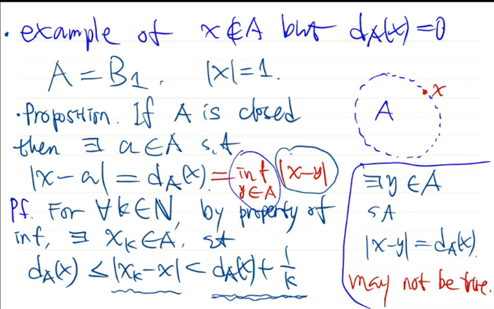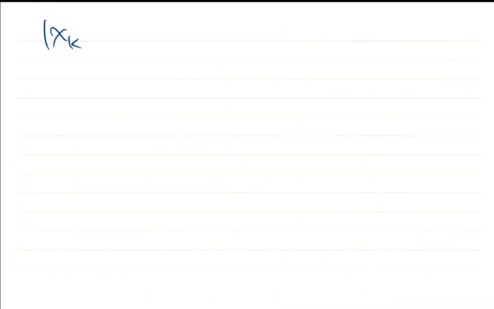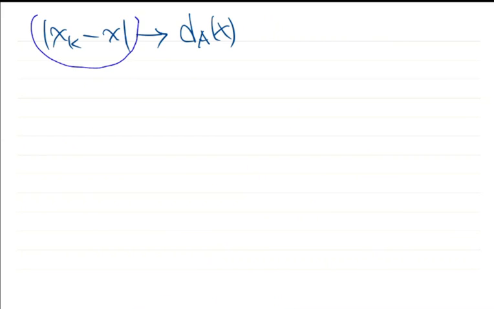This implies that the distance from xk to x converges to dAx. So this is a sequence of convergent real numbers. It must be bounded.